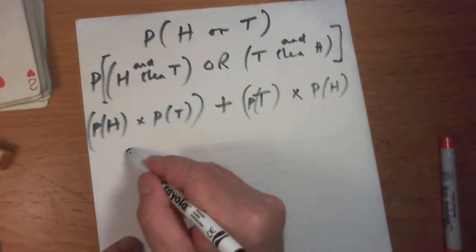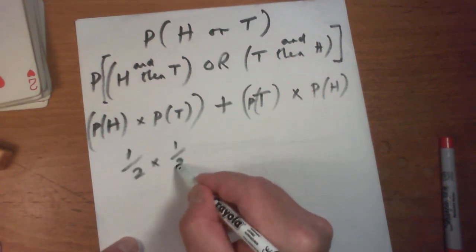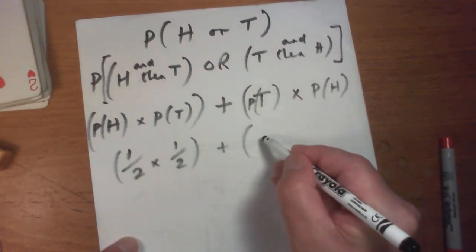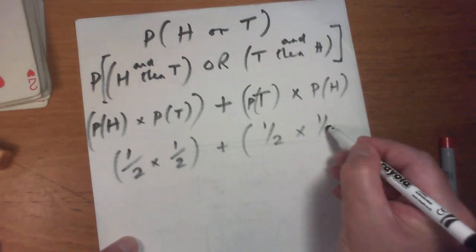So that's it. Half times a half, added to half times a half.